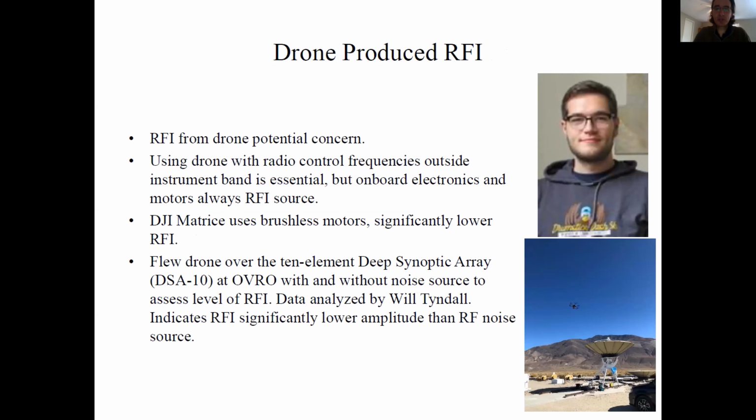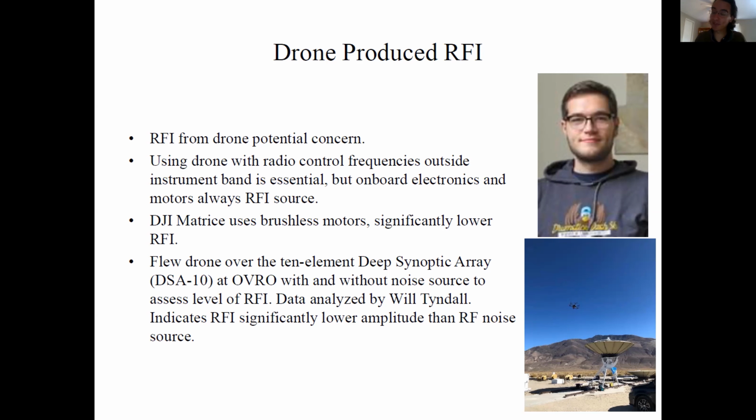So another thing that you worry about with a drone used for this calibration purpose is that your drone is also putting out RFI, and a lot of other groups have been having trouble with the noise from the drone being comparable to the amplitude of the signal you're transmitting. So we've been doing some measurements and verification there.